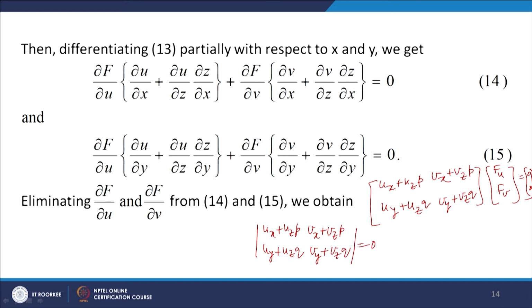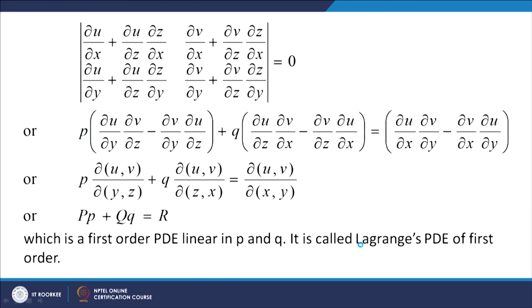When you put this determinant equal to 0, we arrive at this equation: p times this, q times this, equal to this expression, which in the form of Jacobian we can write as p into del(u,v) over del(y,z) plus q del(u,v) over del(z,x) equal to del(u,v) over del(x,y). If we denote this by P, this by Q and this by R, then we have Pp plus Qq equal to R, which is a first order partial differential equation which is linear in p and q, because p and q occur in the first degree. It is called the Lagrange PDE of first order.